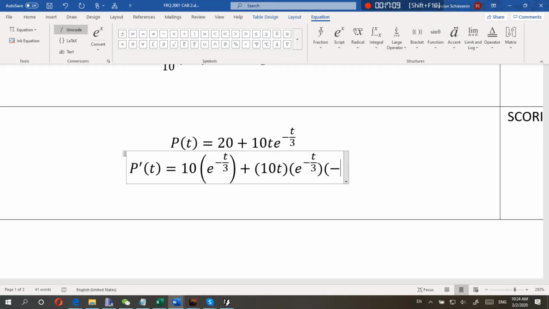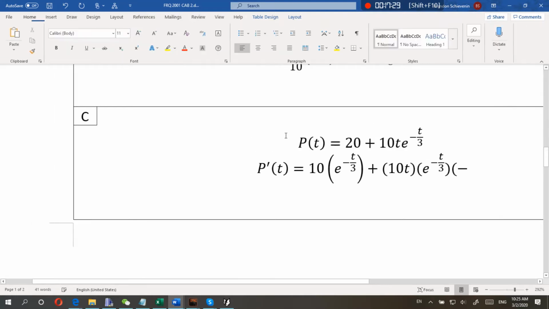Close. This is chain rule. So I need the derivative of the inside part. If you derive e to the x, you get e to the x times dx, right? Okay, our rule is if you derive e raised to the x, you get e to the x times dx, right?